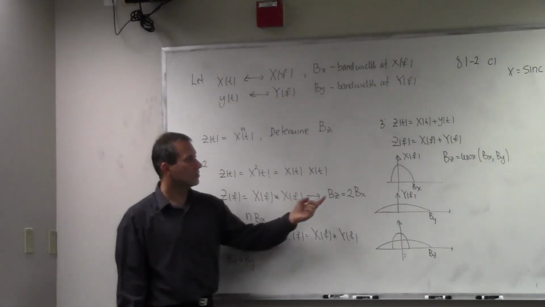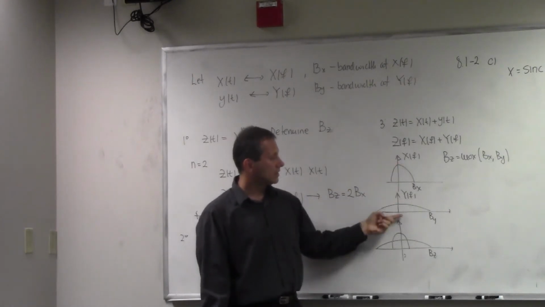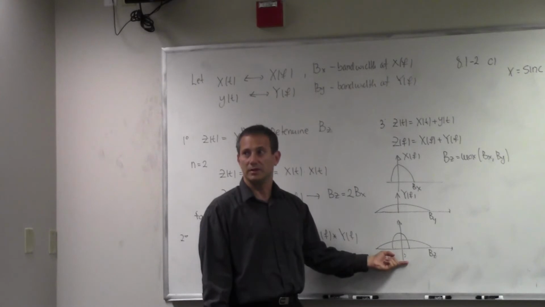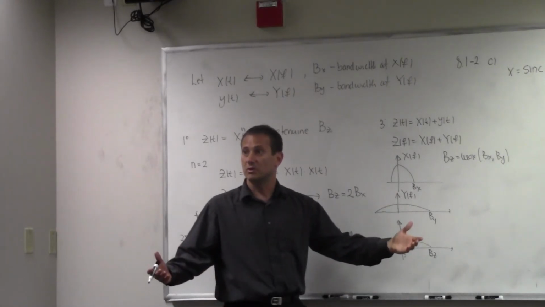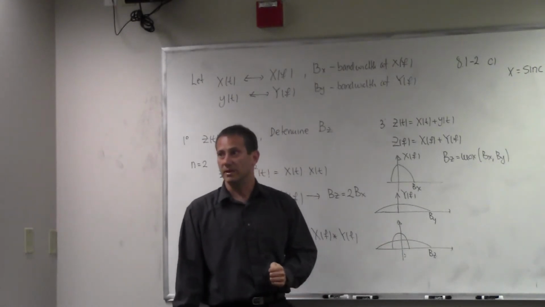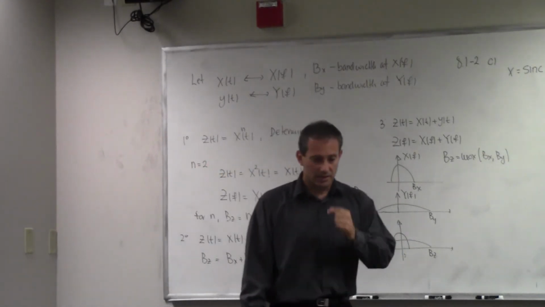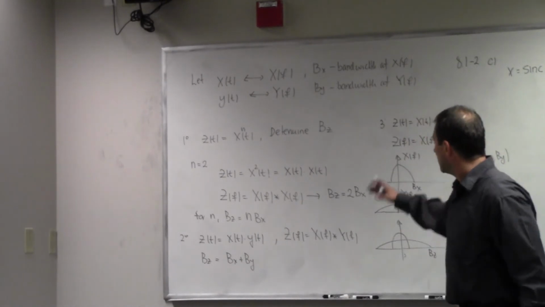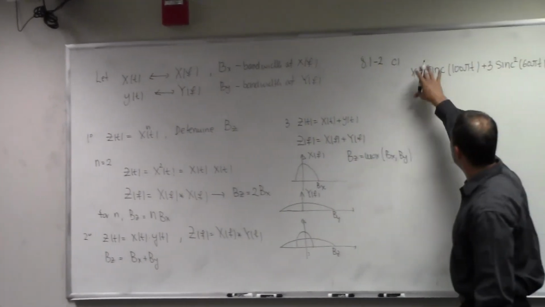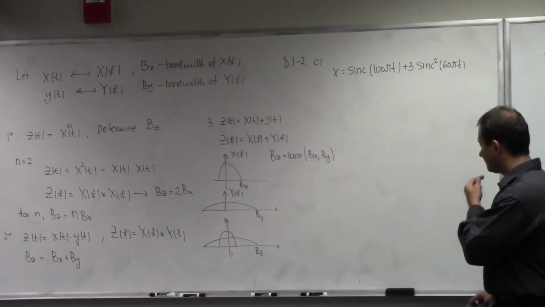So whatever was the content of the first signal and the second signal remains as the content of the third signal. Therefore, the bandwidth is not going to expand. It's going to be whichever is the larger of the two bandwidths. So those are the considerations prior to working out this problem.